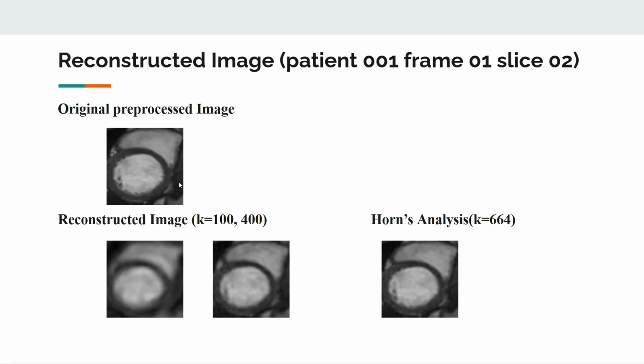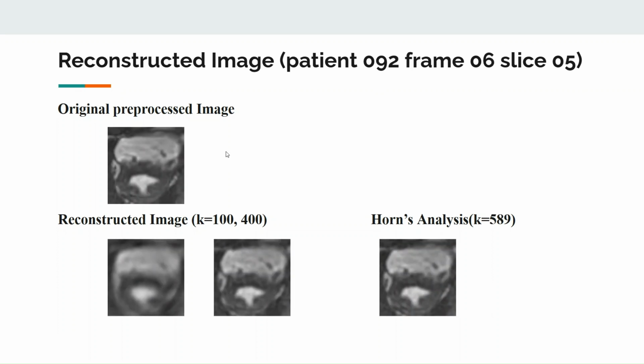Though it is originally dark, we could still separate it from the background in the original one. However, for the leftmost reconstructed image, we could not find the edges of the MYO. We could also see that the right ventricle, or RV, even leaks out to match the little bright part in the original when K equals 100.